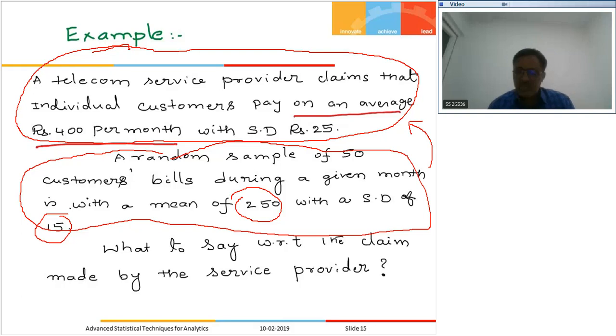If you remember the previous cases, what are the things we have to consider when we deal with problems of this kind? First, we make an assumption as well as take a sample, where the mean plays a major role. In this case, the mean is playing a major role.